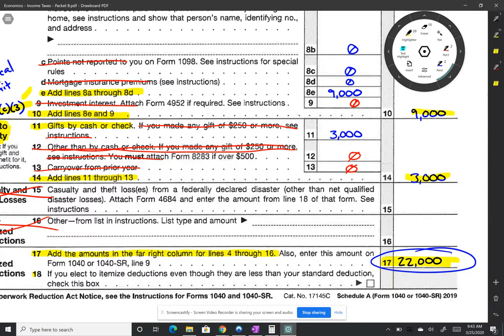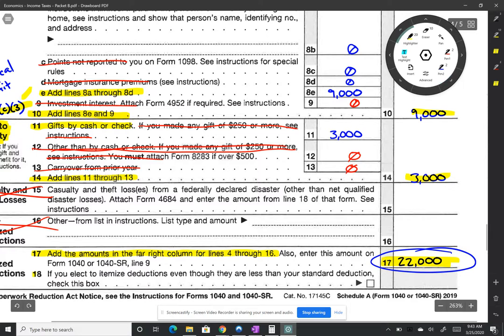If this was a married couple and you put 22,000 when they should have taken 24, it will be wrong unless, and this is a big unless, you check this box, line 18. If you elect to itemize deductions, even though they are less than your standard, check this box. So if you come in and check that, then it would be right. But if you don't, it will be wrong.